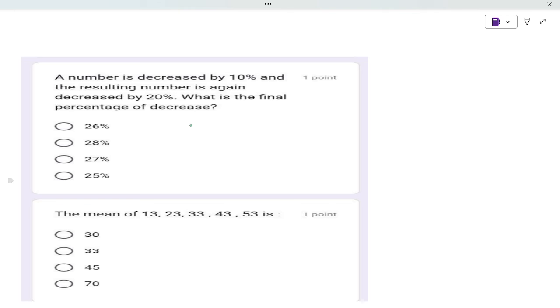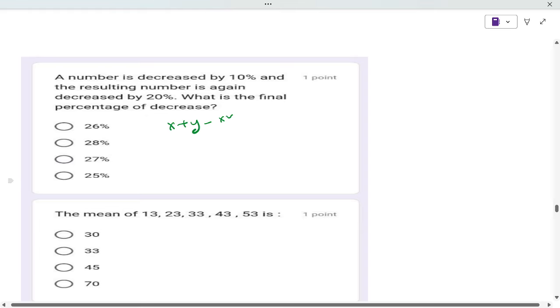So we can apply the successive formula also: x plus y minus xy by 100, that is 10 plus 20 minus 10 into 20 by 100, which is 2. So 30 minus 2 will give us 28%. 28% is the answer.